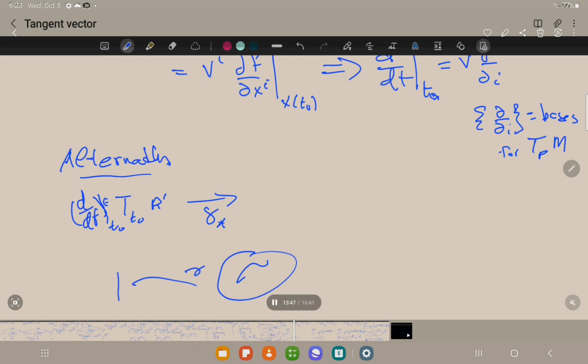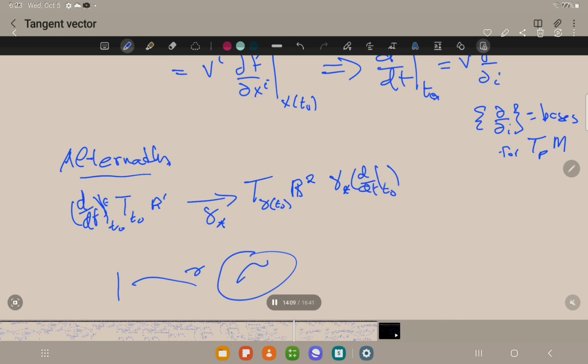So this is the induced tangent map right here. So the t0 gets pushed to gamma of t0, which is also equal to P. And so the operator d by dt gets pushed forward too.